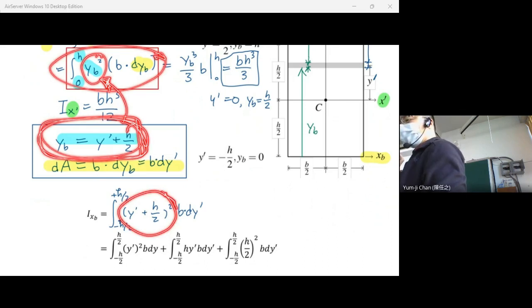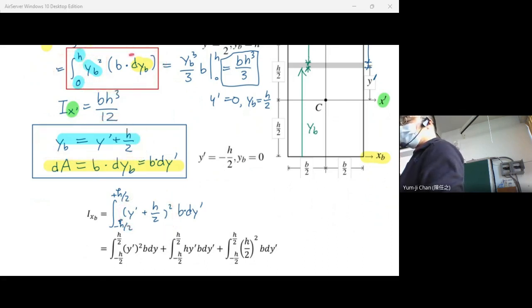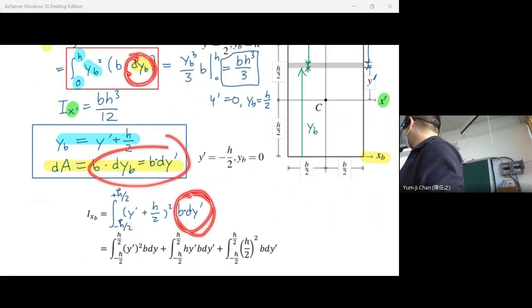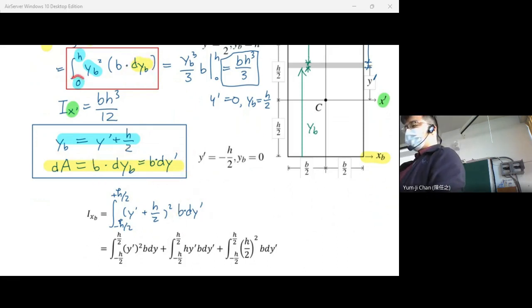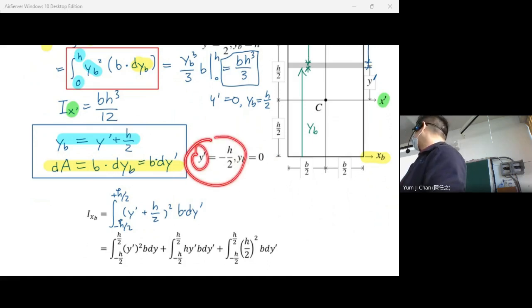And for this dyb, it becomes b dy prime, because we have the same area. And because in yb we integrate from 0 to h, but now because we write it in y prime, we have minus half of h to plus half of h.